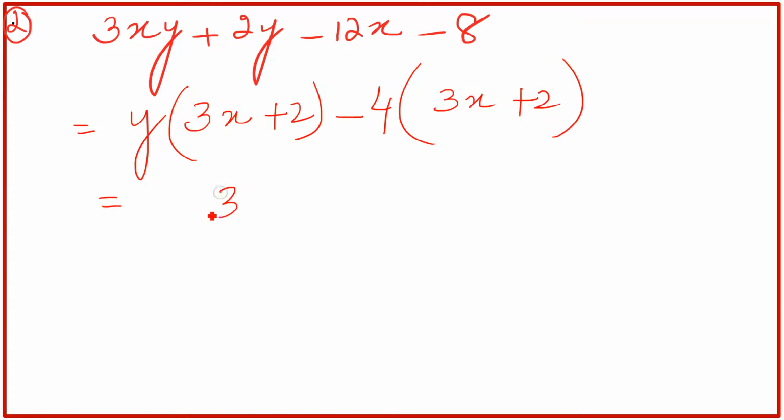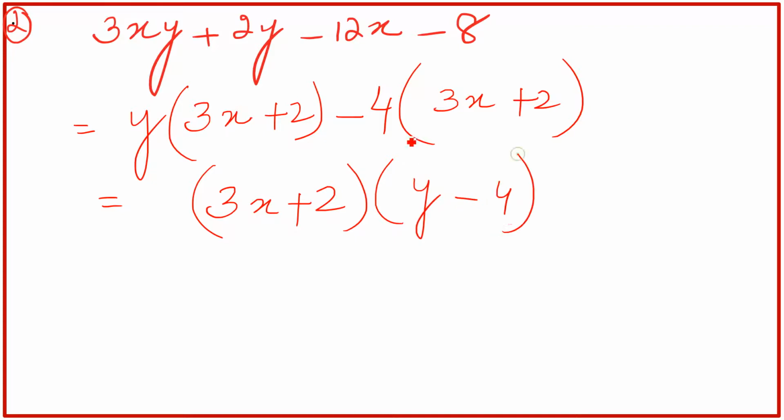Both parentheses have the same 3x plus 2. We will take it one time as a common and then multiply by y minus 4, whatever is remaining. Right? If we take common from this set, we will get the same answer. If we arrange this and this and this, we will get the same answer.